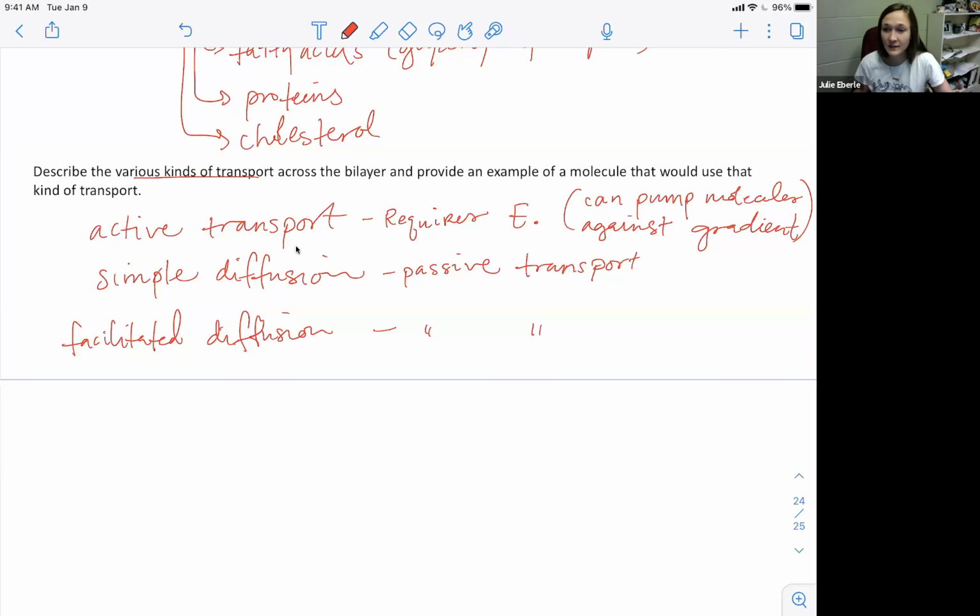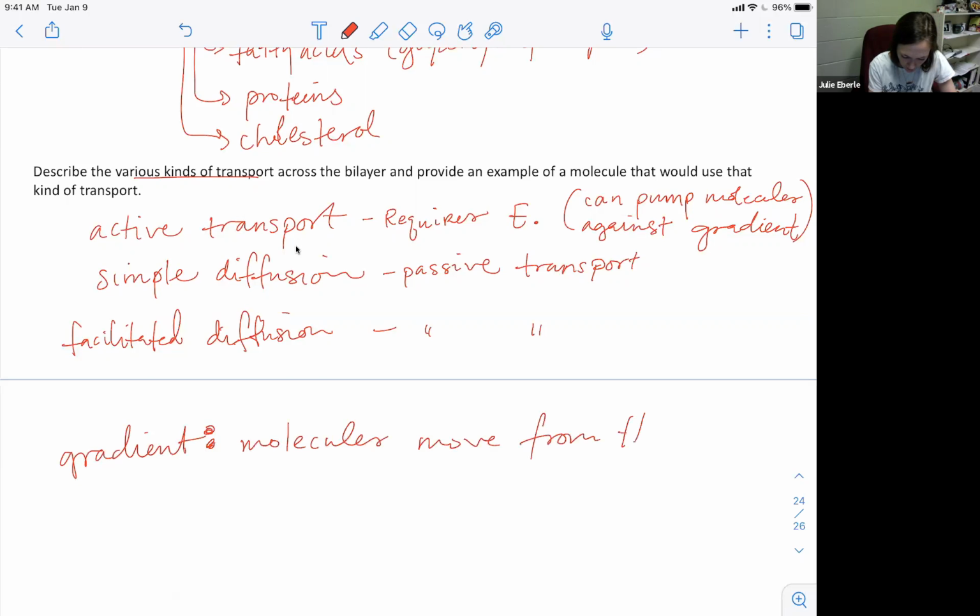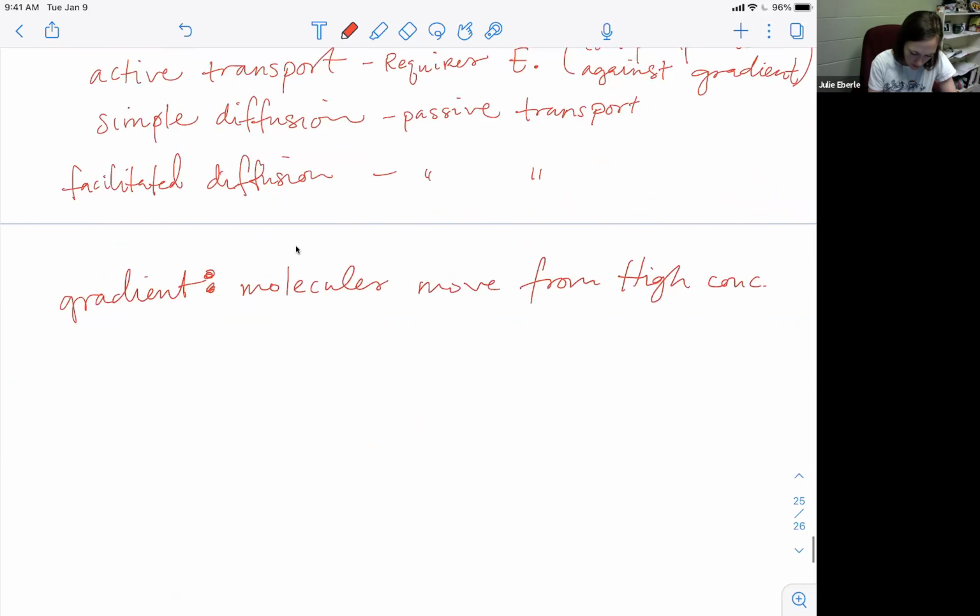And in passive transport, molecules move according to the gradient. In a gradient, molecules move from high concentration to low concentration.